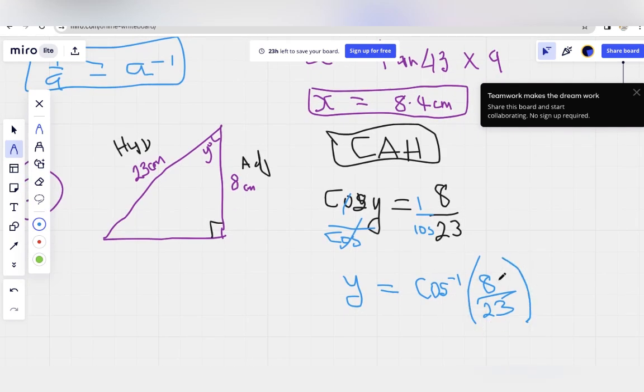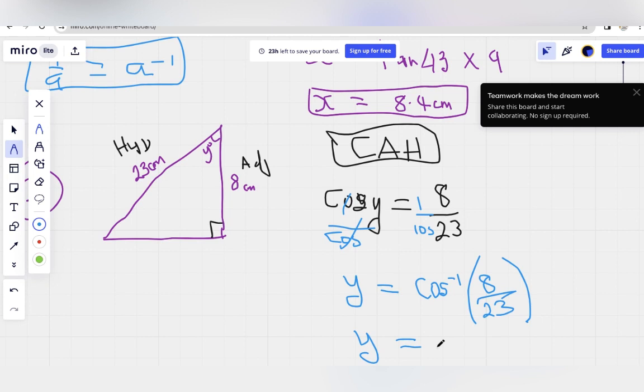So this is what we do. We key in the calculator 8 divided by 23. Whatever we get, we find the cos inverse of it. Not the cos of it, the cos inverse of it, so that we can get the angle in degree. Because when you find cos inverse of anything in trigonometry, you get the angle in degree. So 8 divided by 23, you're going to get 0 point something, something.